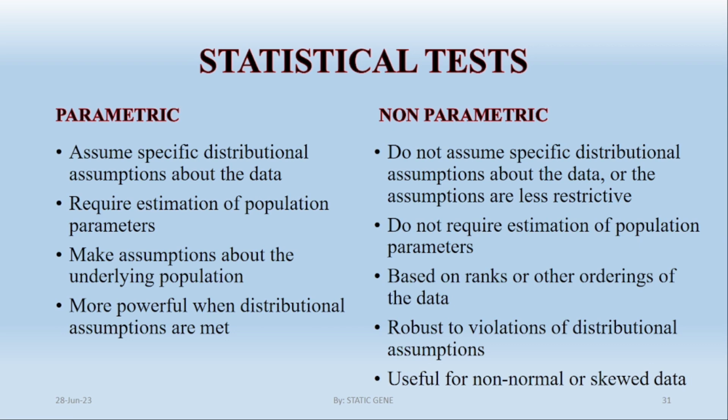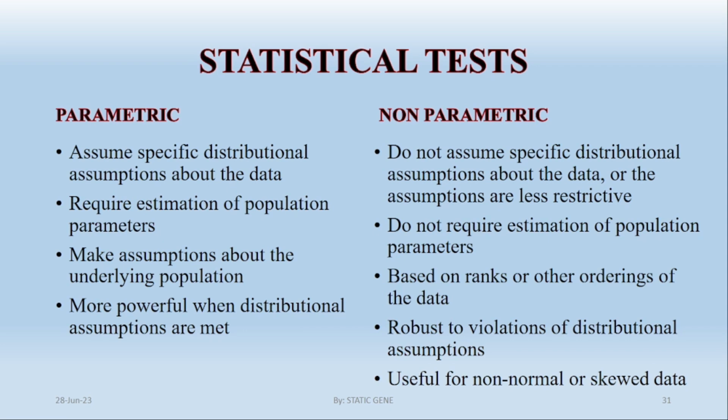But in non-parametric, they do not make an assumption. Parametric also requires estimation of population parameters, because you need to have the full data set to be able to have a normal distribution. But non-parametric doesn't require any estimation. It deals with what's available at hand.